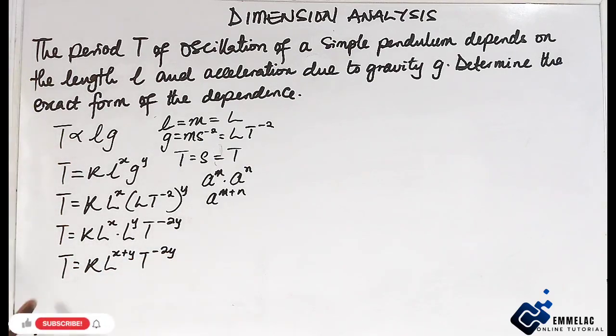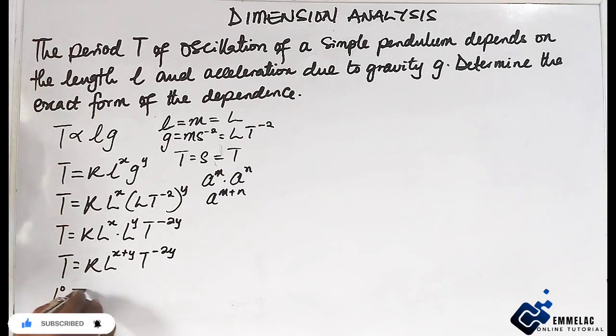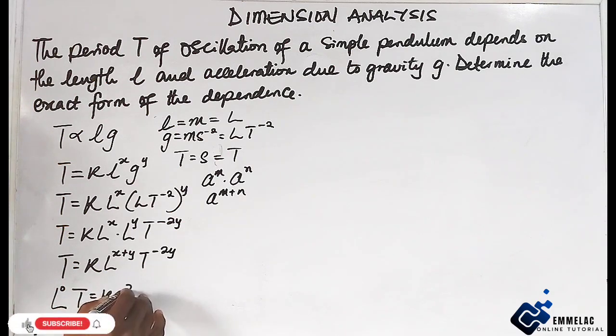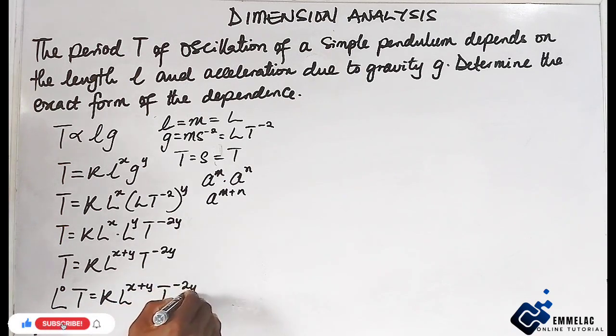Okay, now for the left hand side, we don't have an L, but we can introduce that. That will give us L raised to the power of 0, because we know that anything raised to the power of 0 is 1. So you have T equals k, then L raised to the power of x plus y, then T raised to the power minus 2y.